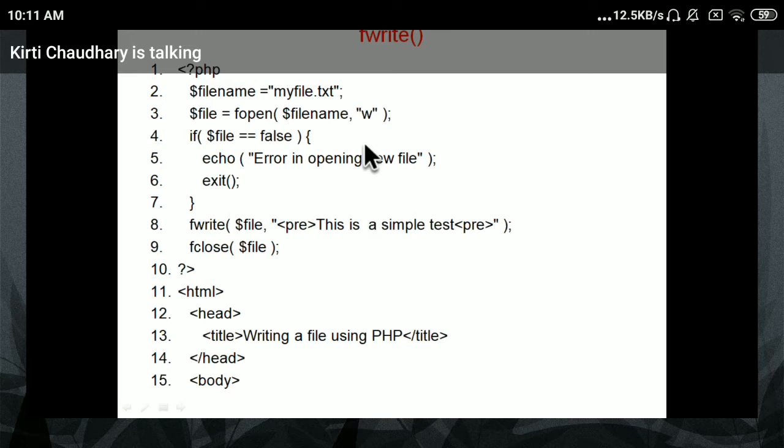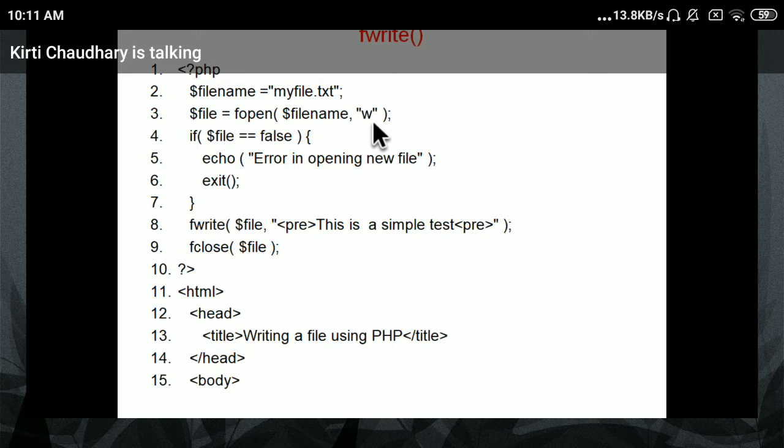Previously we saw reading a file, that is, instead of write we used read. So now I want to write something in a file, so I am opening this file by giving the permission write.